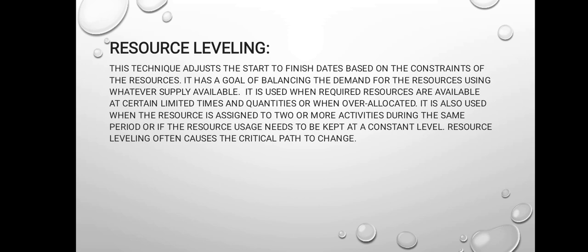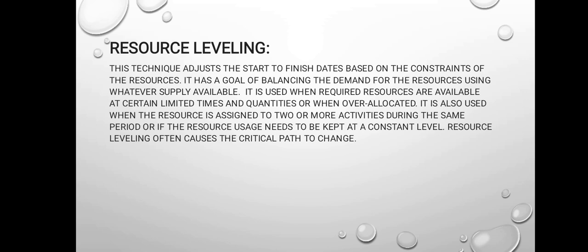This technique adjusts the start and finish dates based on the constraints of the resources. Its goal is balancing the demand for the resources using whatever available supplies or available resources there are, and it does not depend on the resource requirements and availability.